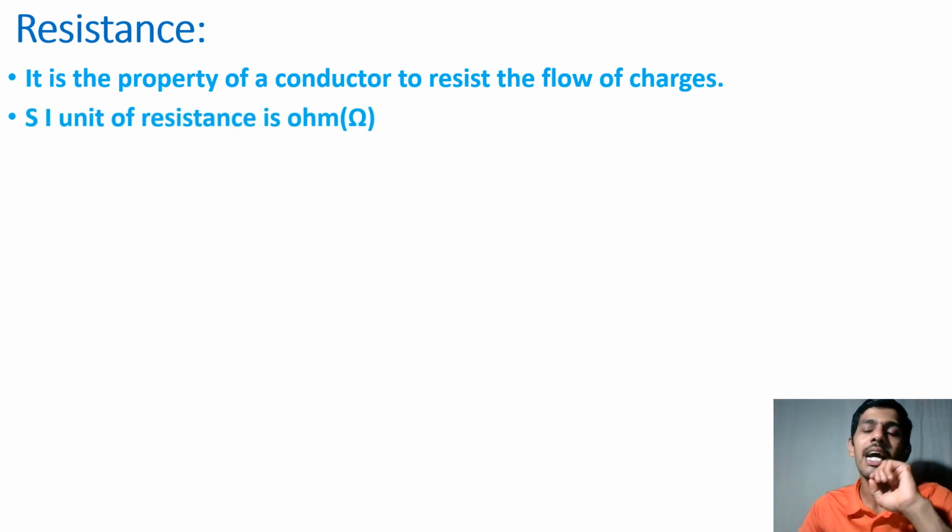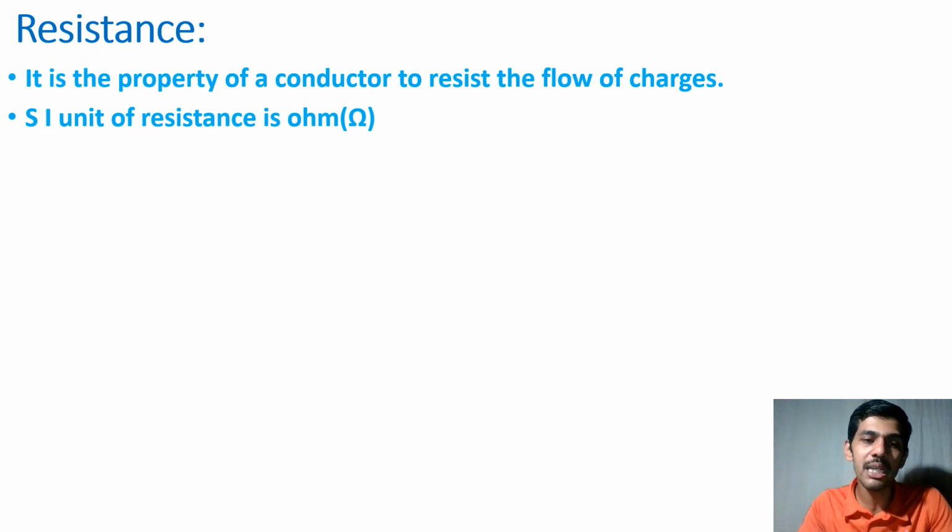So how to measure that resistance? There should be some unit to specify how much resistance a particular conductor will give to the flow of charges. So the SI unit of resistance is ohms. Look at this particular symbol.